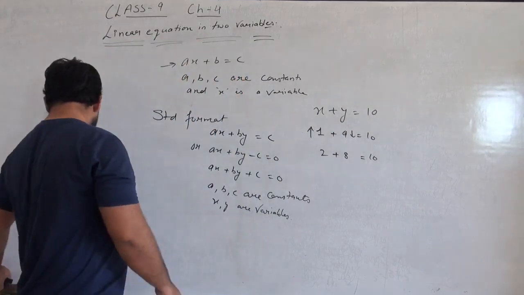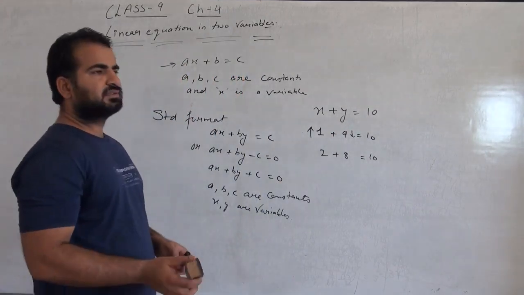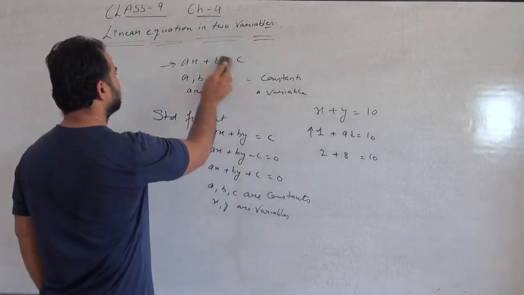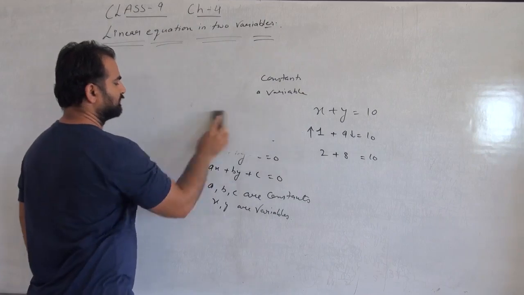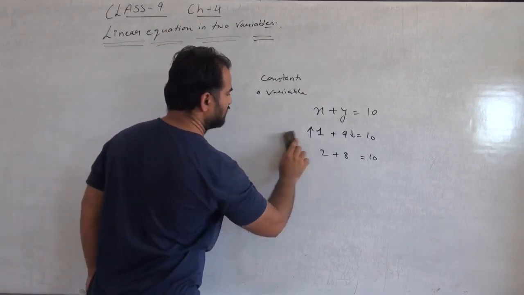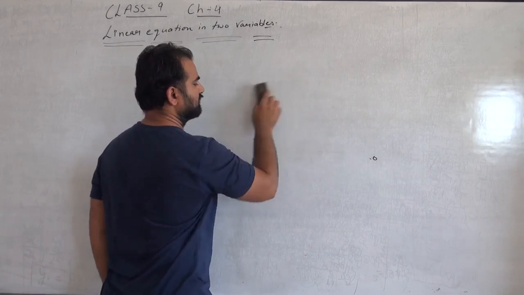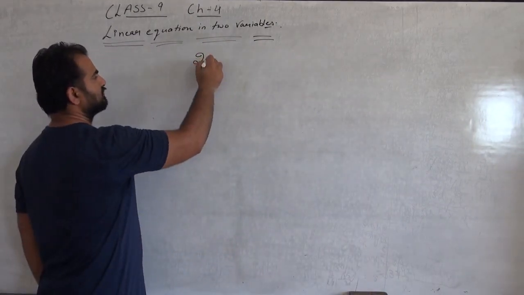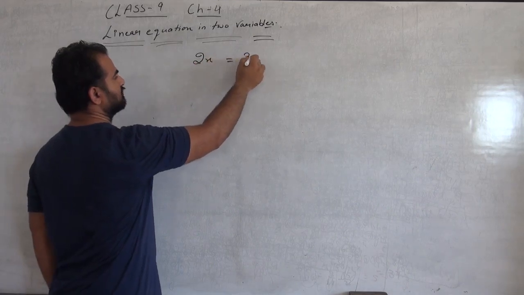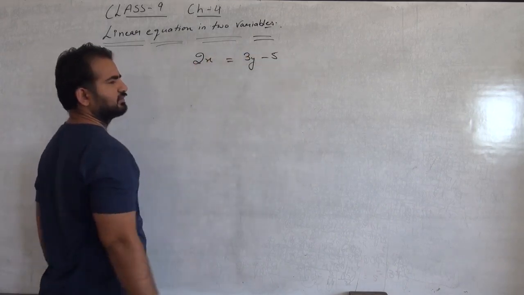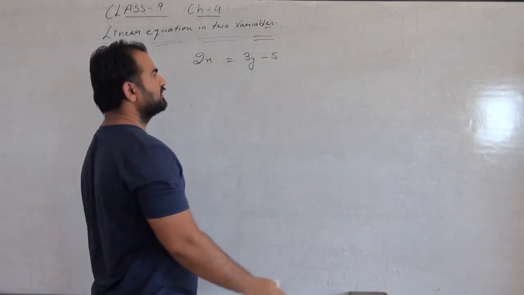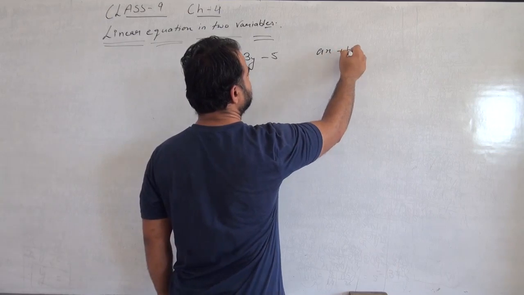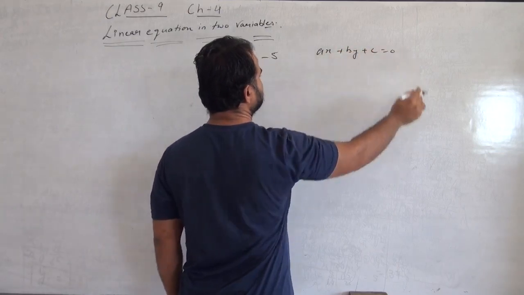So this was how to write an equation in two variables. If an equation is given like 2x equals to 3y minus 5, what we have to do is write it in this form, ax plus by plus c equals to 0.